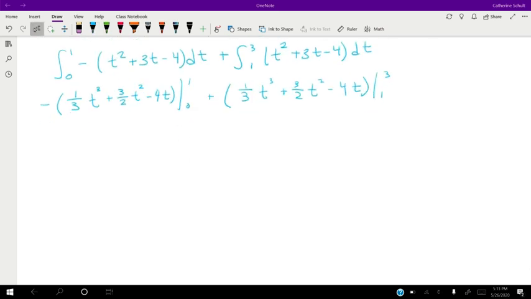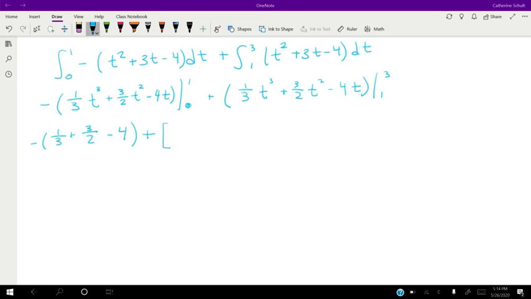Okay, so luckily we have a 0, so we get to luck out a little bit in this case. So it's going to be negative 1/3 plus 3/2 minus 4. Okay, and then, minus 0 when we plug in the 0. I'm not going to write it though. Plus, and then parentheses are important.